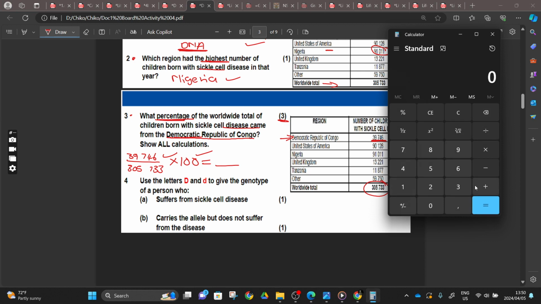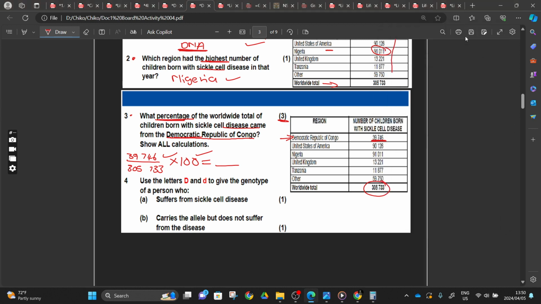Sorry guys, bear with me. 39,746 divided by 305,733, then equals. Then the answer multiplied by 100, you see that is going to be 13%, right? Our answer is going to be 13%. I did something and my calculator is not working properly. Okay, let's move on. Then you get another 1 mark there for 13%.